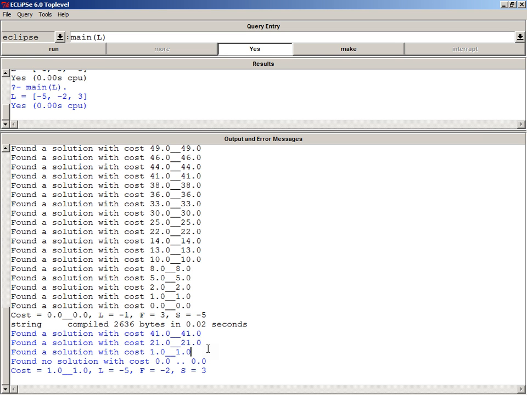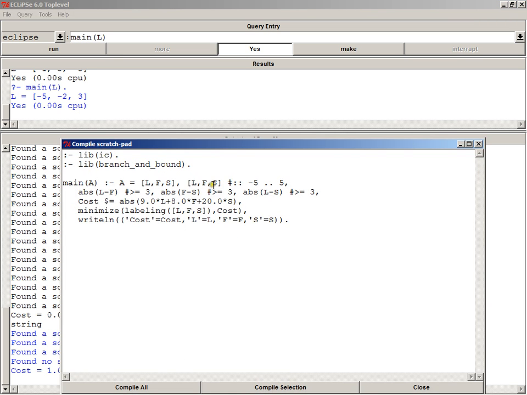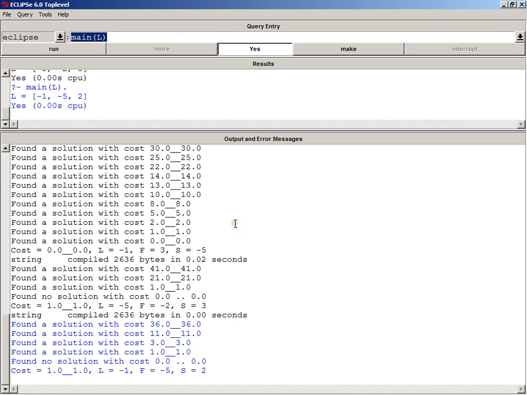So when you say less than 1, it means less than or equal to 0, so we're trying to find a solution of cost 0 as the next minimum, but no solution can be found, so the current minimum would be 1. And I'm assuming that if we make this 25, we're going to get something that is even further away from 0. I compiled it, right?